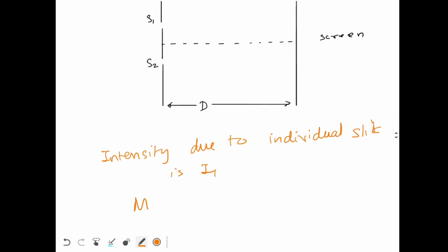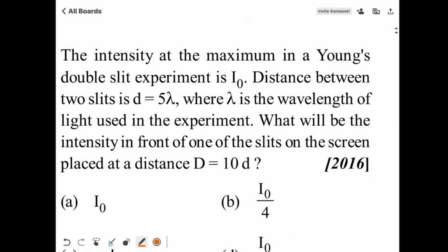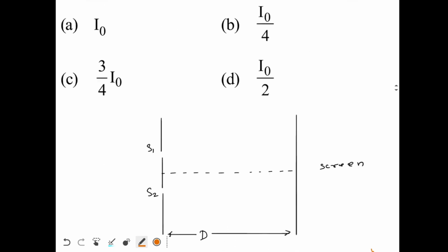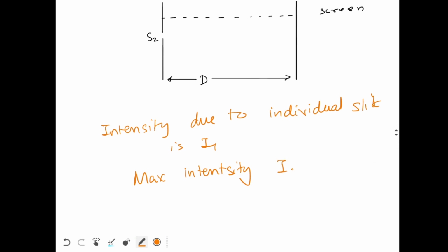Then the maximum intensity on screen will be how much? Maximum intensity of interference, and that is what is given in the question as I naught. Maximum intensity is given as I naught. So I naught will be 4 times I1. So from here we can say that I1 will be equal to I naught by 4.